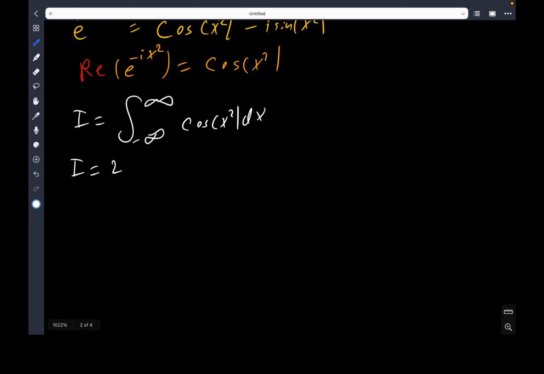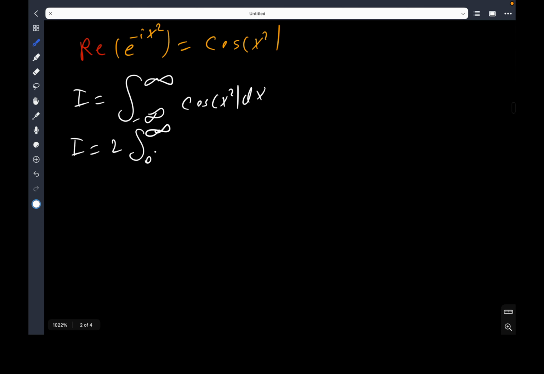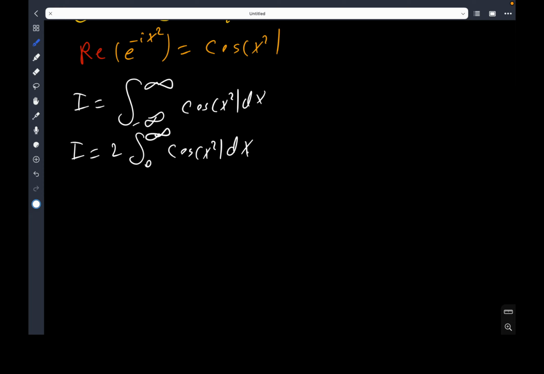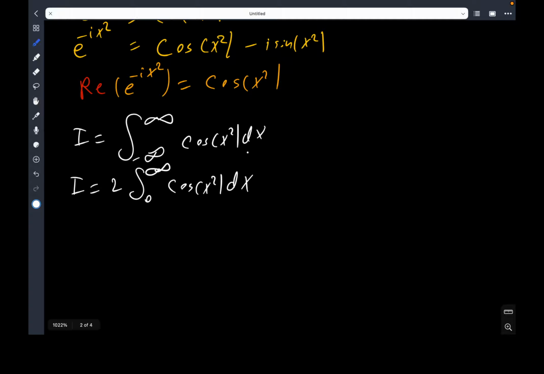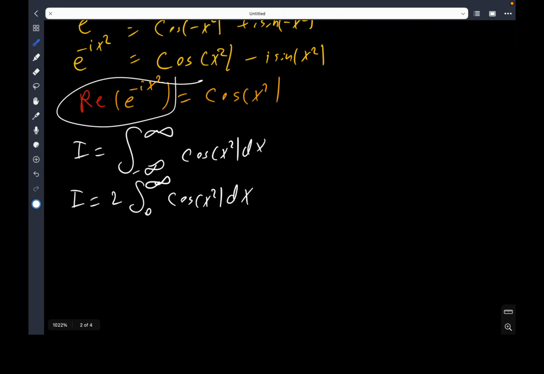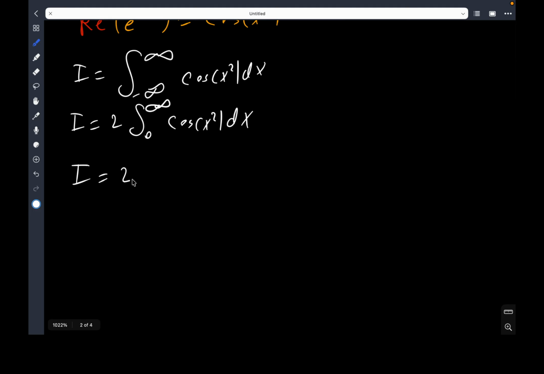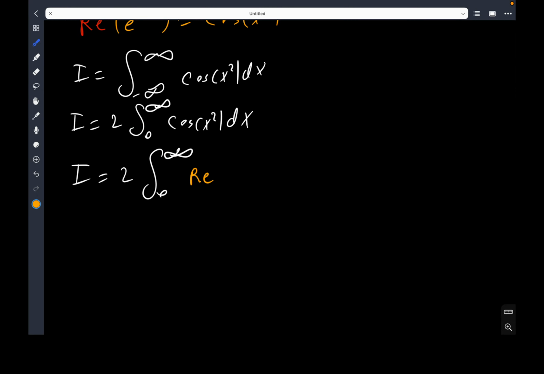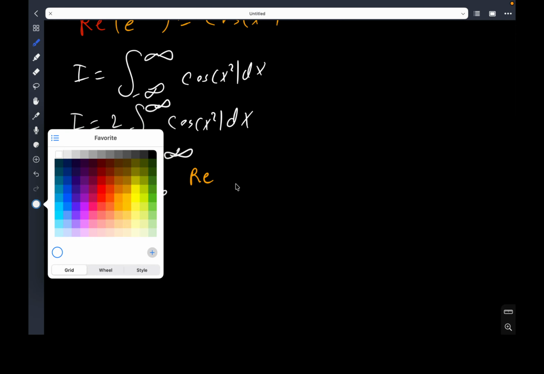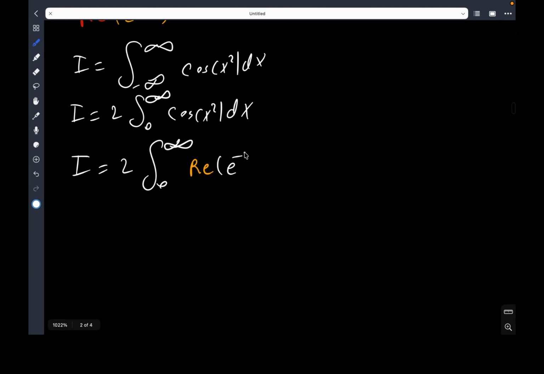Now this integral here, I, equals the total area under this curve. Since it's an even graph, you can write it as 2 times the integral from 0 to infinity of cosine of x squared dx. And since the real part of e to the negative ix squared is cosine x squared, I can write it as 2 times the integral from 0 to infinity of the real part of e to the negative ix squared dx.